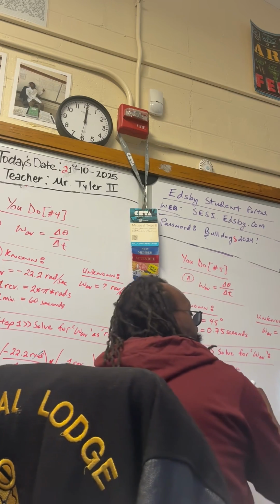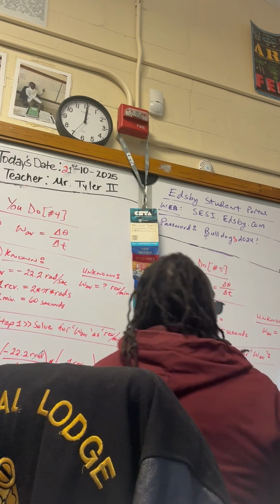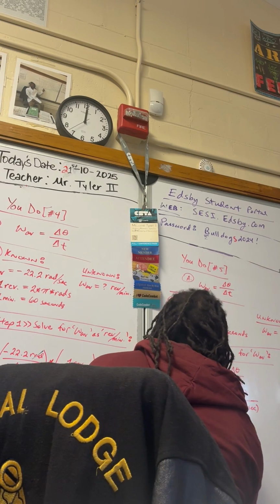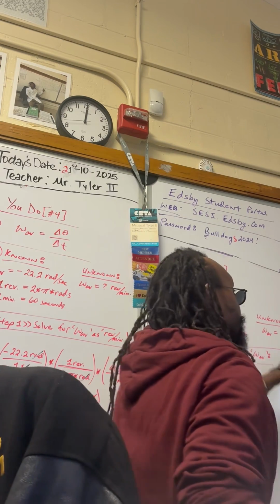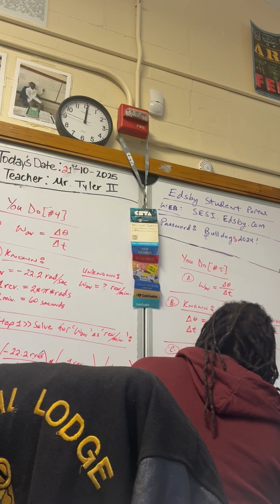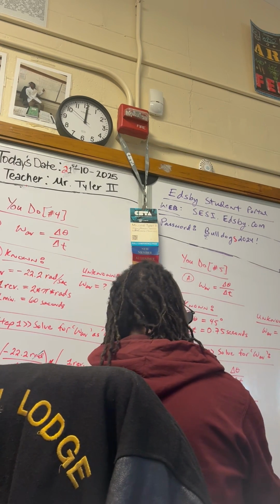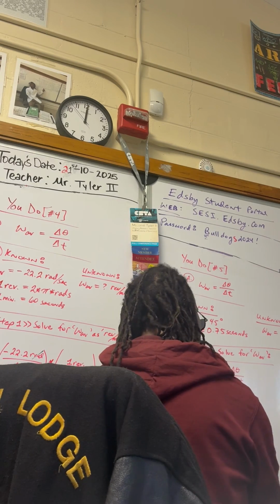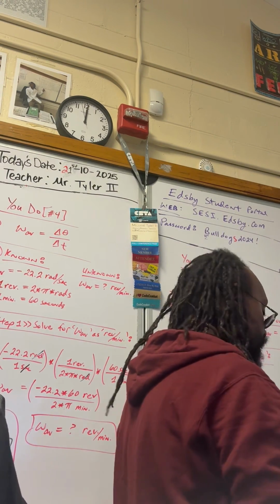Remember the degree symbol, you just type DEG. You get that in your document, y'all. Calculate, I'm gonna let y'all do that. Just make sure your calculator is in radians because the problem said radians. Question mark, your answer should be in radians per second. Don't forget to keep your answer in. You don't have to change your calculator? Yeah, you do. If it's in degrees, change it to this. Right. Yeah.